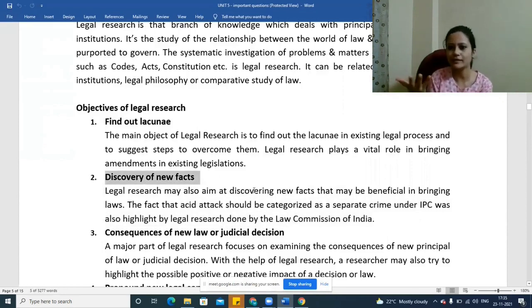Already relating to acid attack, we were not having any such provisions, but a new fact was addressed, right? The Law Commission of India put that thing in front of the government, that you need to make this a separate crime so that people will realize its seriousness and also greater punishment can be given. This is nothing but discovery of new facts.